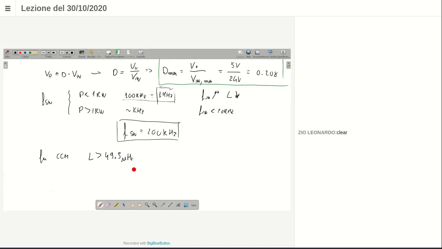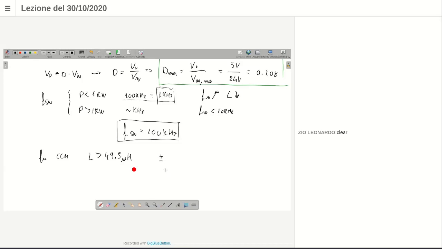For instance, first of all, we have to take into account some tolerances in the component values. We also have to take into account that when inductors operate close to saturation, or approach the saturation of the magnetic material, the inductance value decreases.